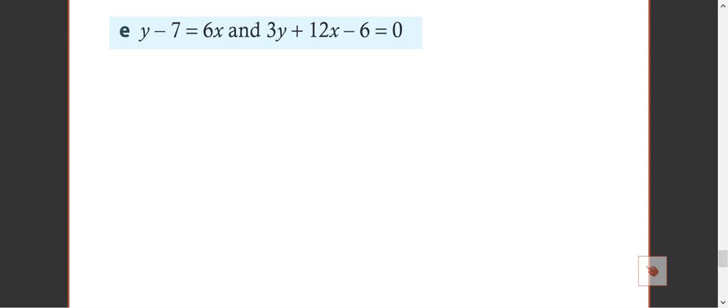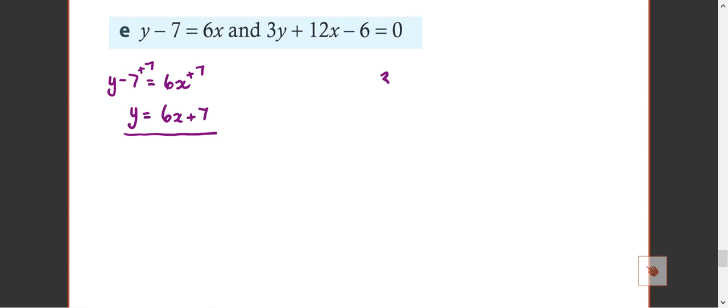Let's have a look at the first one then. So y minus 7 equals 6x. What can we do to convert that one into gradient intercept form? Just add 7. So that one's a definite. Let's just make it into 6x plus 7. So we can use that.